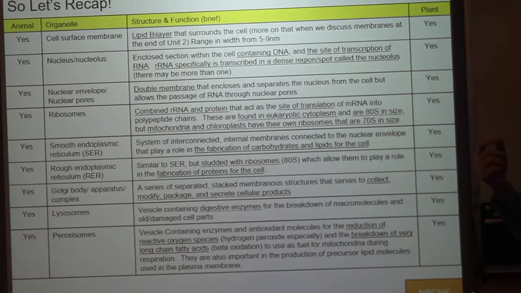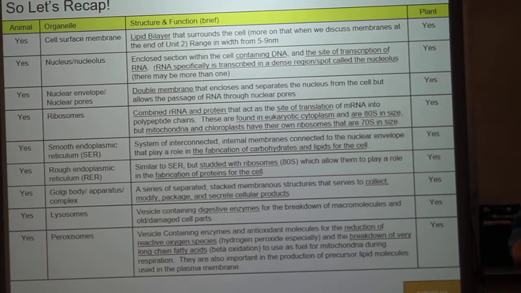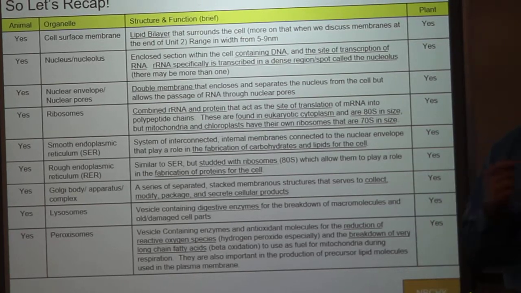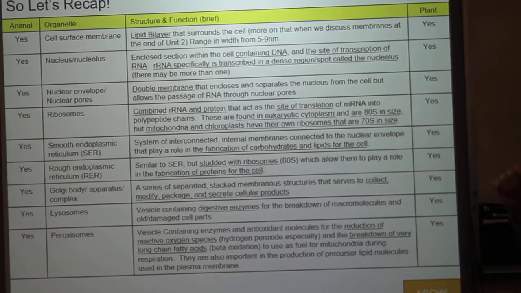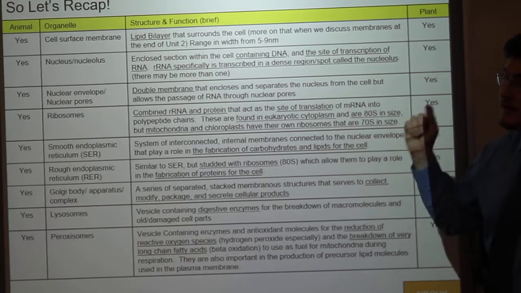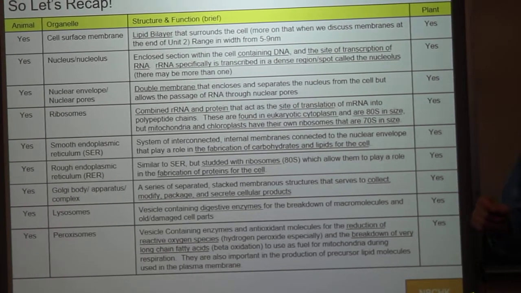They are found in eukaryotic cytoplasm as 80S ribosomes. They are also found attached to rough endoplasmic reticulum, but they are still on the cytosol side. Now, they can also be found in prokaryotes as the 70S ribosome size.